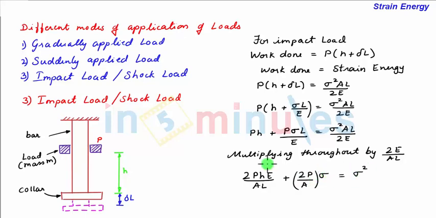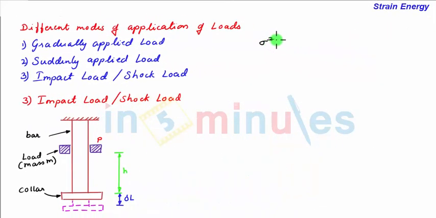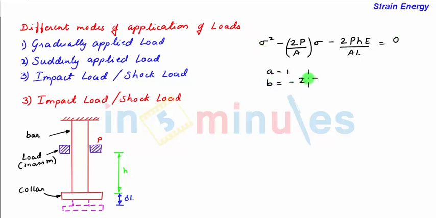We can arrange this in the form of a quadratic equation, sigma square minus 2P by A sigma minus 2PhE by AL. This is a quadratic equation in which the value of a is 1, the value of b is minus 2P by A, and the value of c is minus 2PhE by AL.